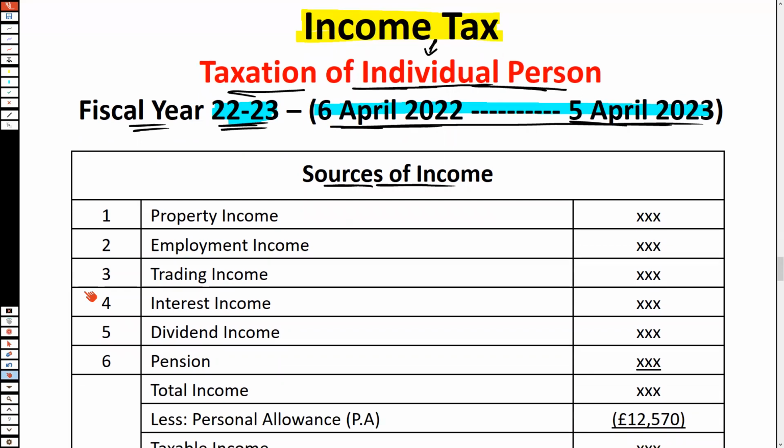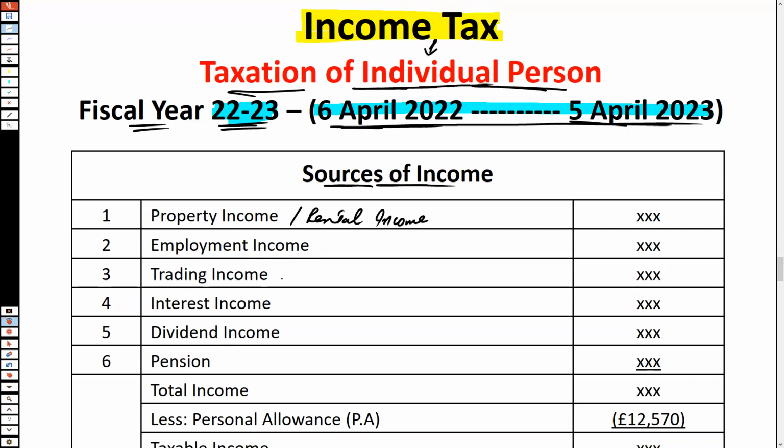Think, in your whole life, the maximum you would have is 6 sources of income. Property income, also termed rental income, is any income earned by letting out land and buildings to tenants. If you are doing a job and getting money from your employer, that is employment income.